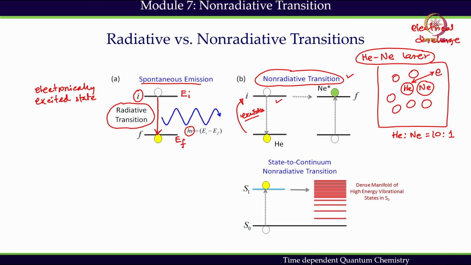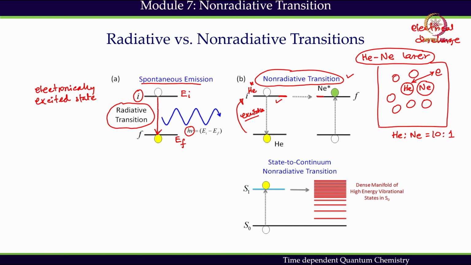And because of a serendipitous coincidence of this helium excited state with the neon excited state, the helium excited state and neon excited state coincide with each other in energy. Their energies are the same, very close to each other.